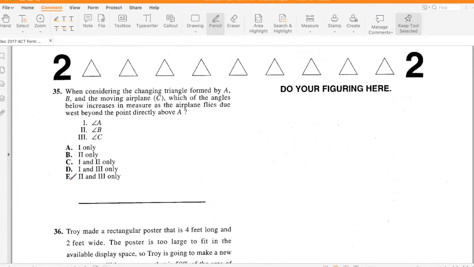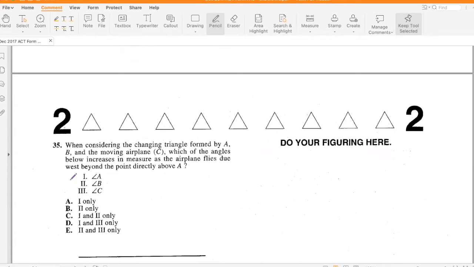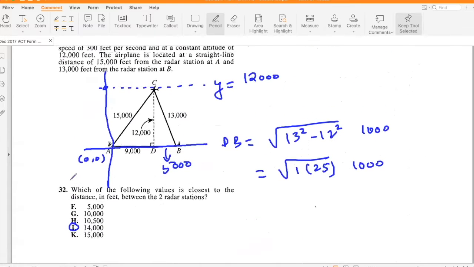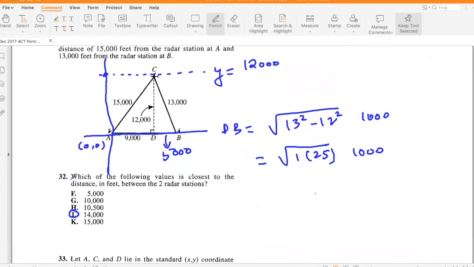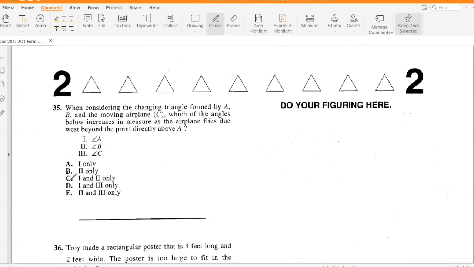When considering the changing triangle formed by A, B, and the moving airplane C, which of the angles below increases in measure as the airplane flies due west beyond the point directly above A? So this is the triangle. Let me just draw it as it is now.